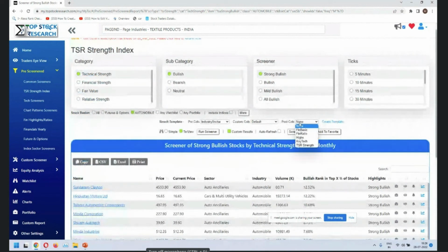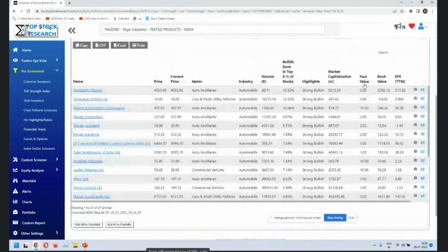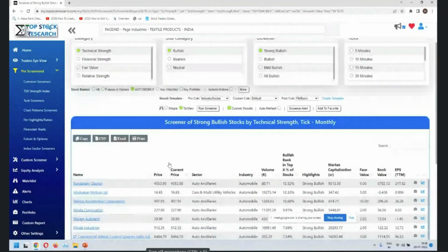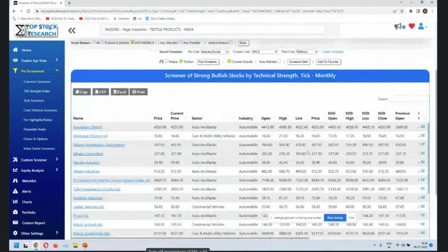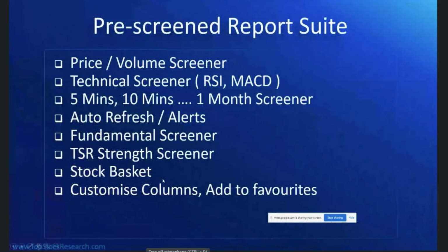Or let's say you want financial basics, so you'll have face value, market cap, and other things, and you can create your own set of columns in the results. If you're not interested in the set of columns which we have created for you, you can go with, let's say, OHLC. It will give you open, high, low, close. So this set of information is fully customizable. That's what we mean by customized column.